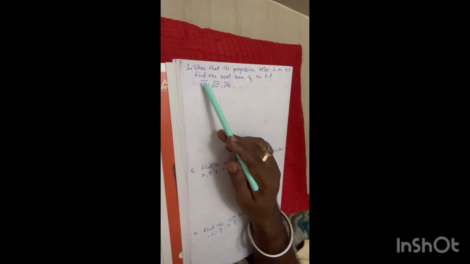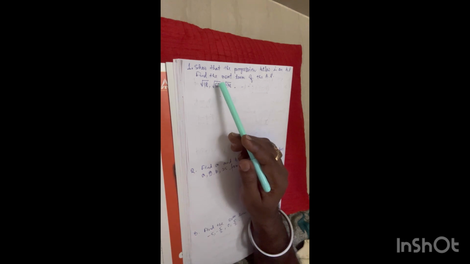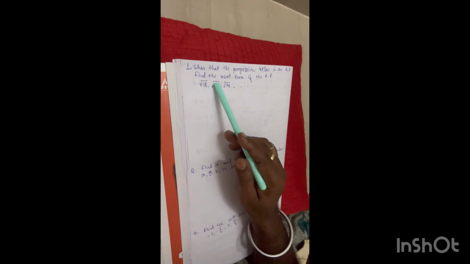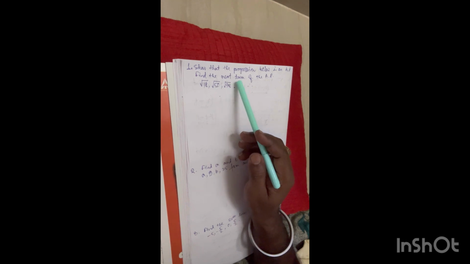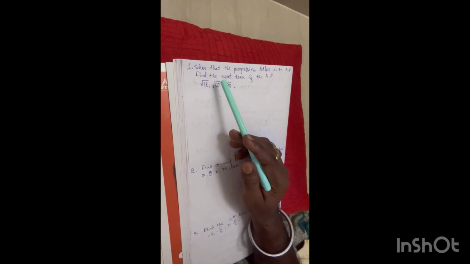If I go with the definition of the AP series, the difference between consecutive terms, as 3 terms are given, if I can prove the first 2 terms' difference is the same as the second 2 terms' difference, then it can be said to be an AP series. The first task will be over if I prove it.